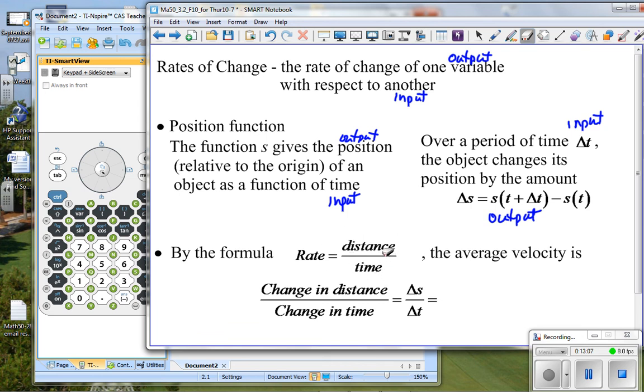If we divide both sides by time, we have rate is distance divided by time. Average velocity is change in distance divided by change in time. Delta s divided by delta t. So delta s again is the change of s, position of t plus delta t minus s of t. This is our output divided by delta t.